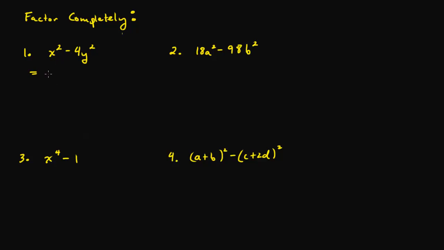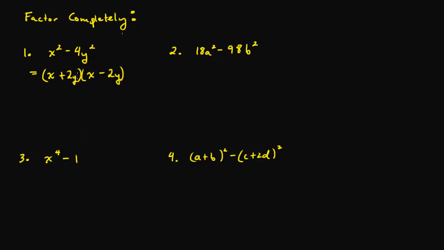So if we think about how to fill this in, well, we've got x and x here, and then we'll have positive 2y and minus 2y here. So this factors into the conjugate pair (x plus 2y) times (x minus 2y).